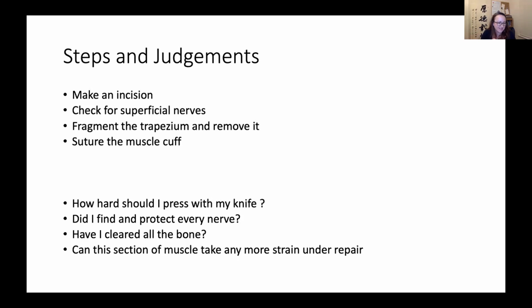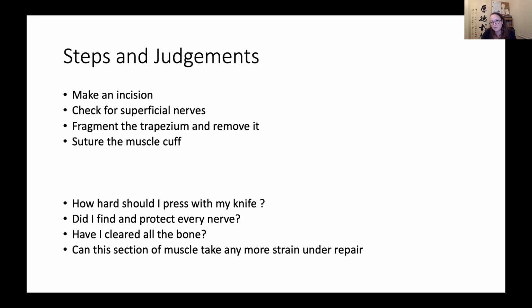So I would suggest that operations aren't just steps. The tricky bit is knowing that you finished a step and making judgments about the world as you go. So making an incision is about knowing how hard you have to press with the scalpel. Checking for nerves is actually about knowing and being completely sure. It's about confidence, about knowing that you've protected every nerve. Fragmenting a bone and removing it is making sure it's all gone.